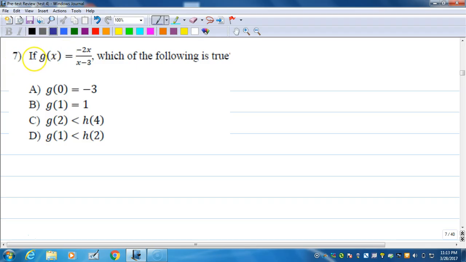Number 7. If g of x is equal to negative 2x over x minus 3, which of the following is true? Alright. This is just going to be substitution.